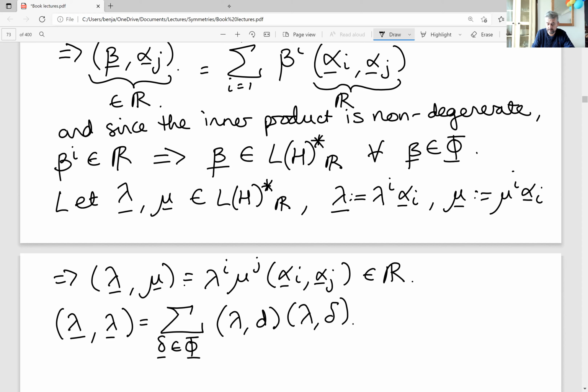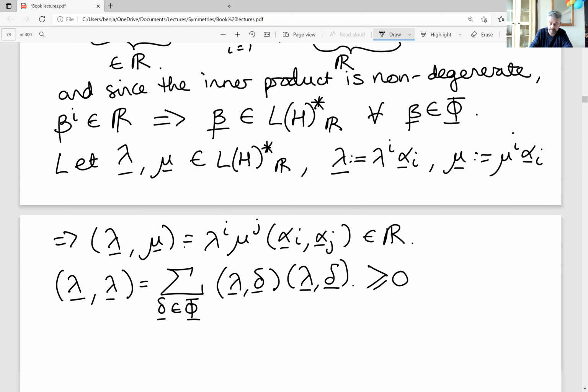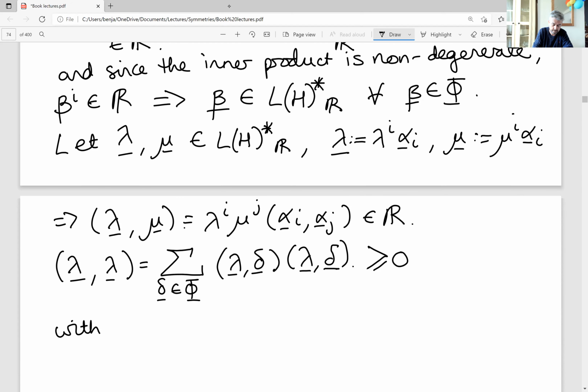All right, so this inner product of lambda with delta is a real number, and so this is the square of some real number, so of course it's greater than or equal to 0, and it's only equal to 0 if lambda with delta is equal to 0 for all delta, with equality if and only if lambda comma delta is 0 for all delta in the root set.